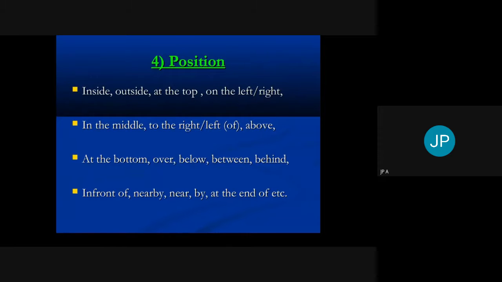So that is the position of the different parts of the same device. We are talking about the clock. So we can use different words like inside, outside, at the top, on left, right, middle, bottom, above, below, etc.